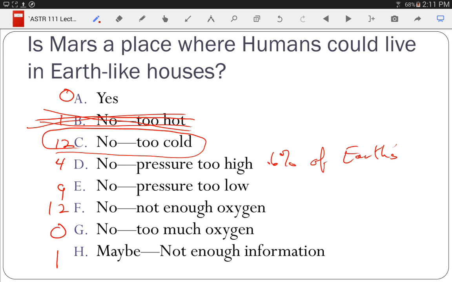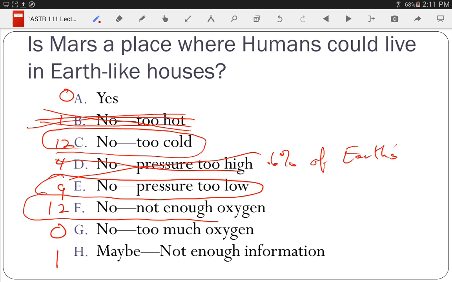What you do when you breathe is you push air out, and then you let the air pressure push it back into you. So you can't pull air in. All you can do is push it out. And if you don't have that air pressure to push air into you, it's not going to happen. And 0.6% of Earth's pressure is not going to be enough for you to breathe. So, pressure too high was false. Pressure too low was true.